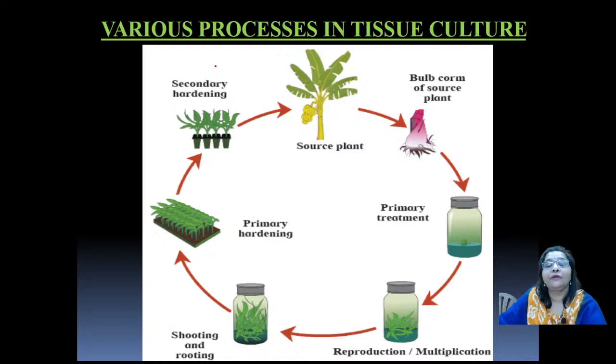This is how the various processes in tissue culture are generally carried out. Of course, for various plants, there might be many changes in the chemical or lab procedures, but basically this process of tissue culture is followed.